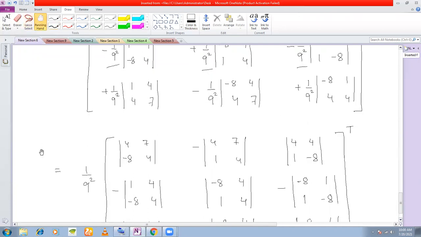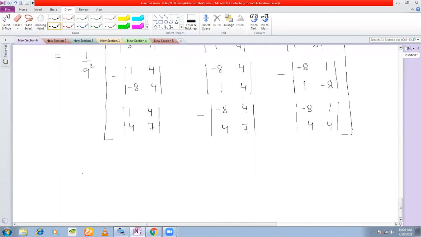Okay, so ultimately here we find out the value of the determinants. You get 1 by 9 square. You will get 72, minus 9, minus 36, minus 36, minus 36, minus 63, minus 9, minus 63, minus 36.